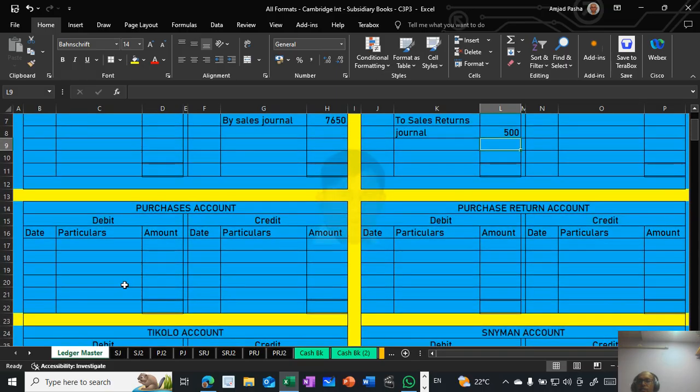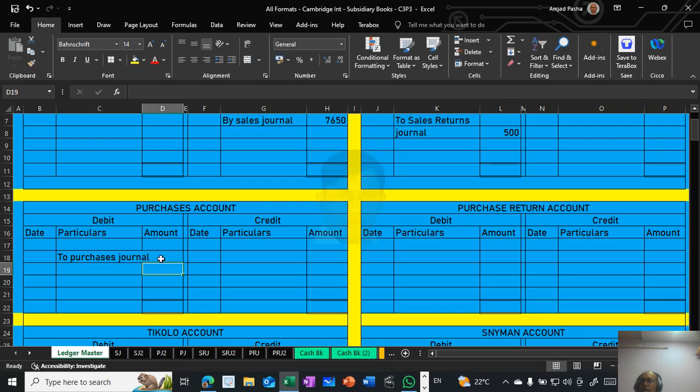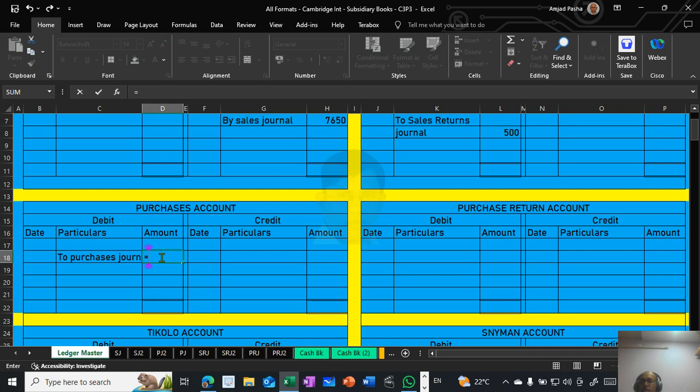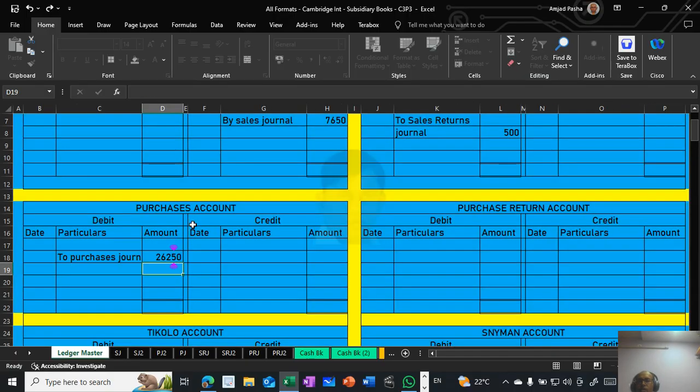Purchases account. Purchases is always debit. So to purchases journal. So total amount purchases journal. This is the total amount we have to record here. So remember, we should never record individual entries in purchases account. So we have to record the total.